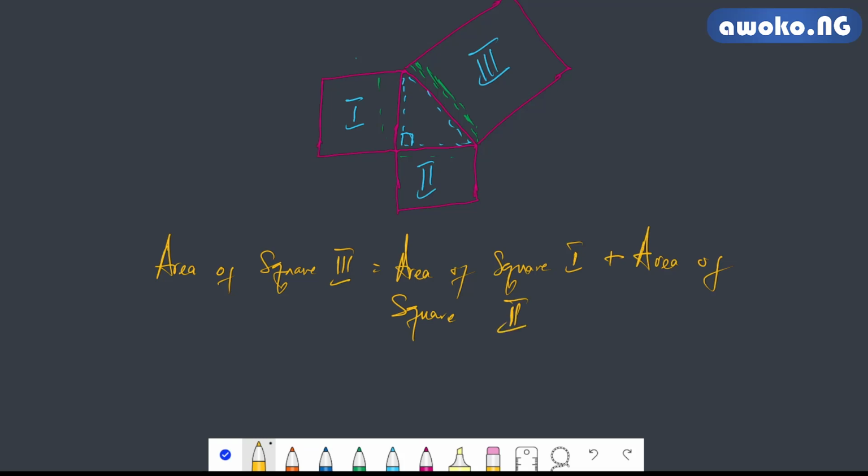And let's say the areas of squares 3, 2, and 1 are A, B, C respectively. So let's say the area of this square is A.